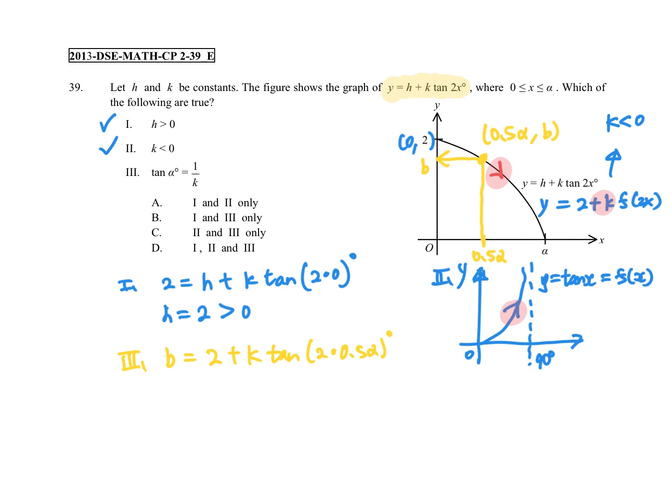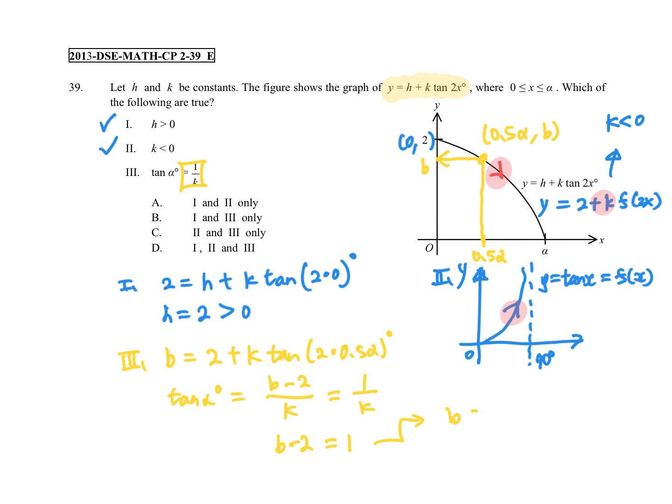So in this case, we try to make tangent alpha the subject. So tangent alpha degree will be equal to (b minus 2) over k. In this case, if b minus 2 equals 1 over k, that means b minus 2 equals 1.